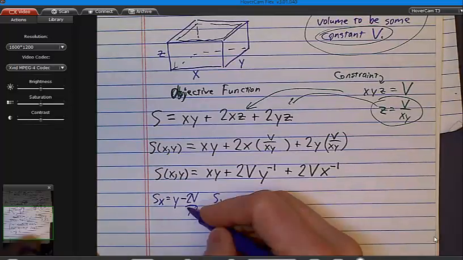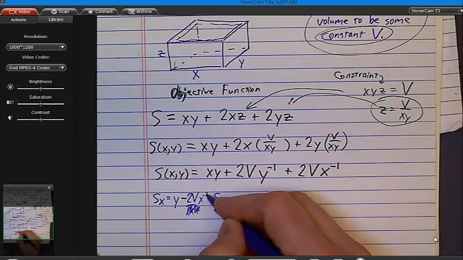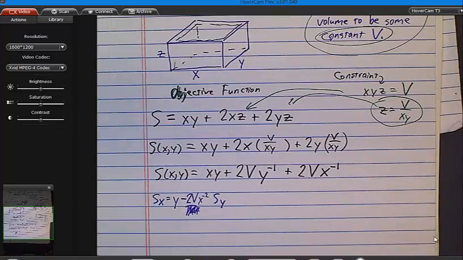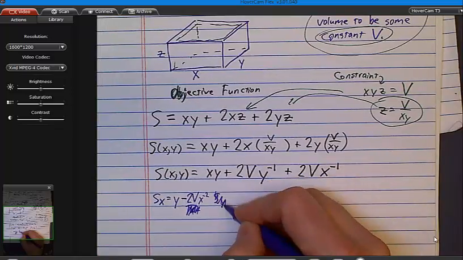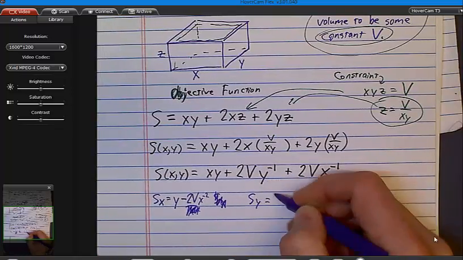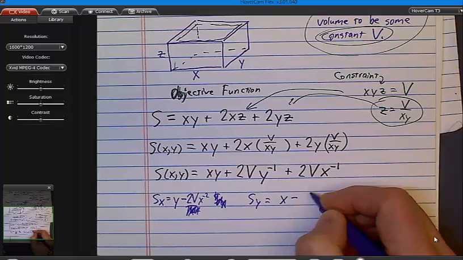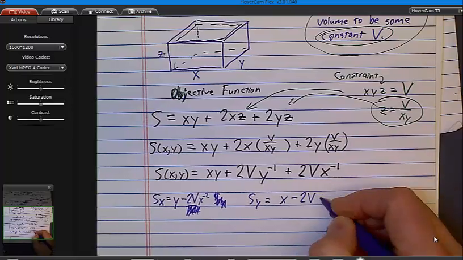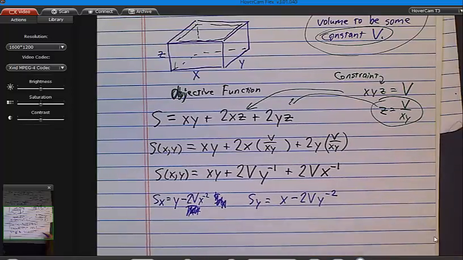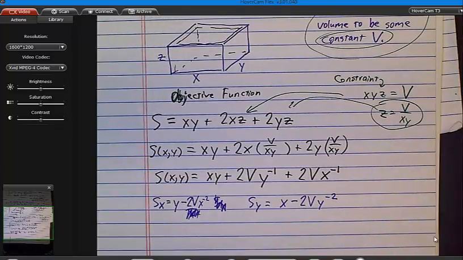Or 2vx to the negative second. Depends on how I want to write it. Okay. And so then Sy is going to be x minus 2vy to the negative second. So there are Sx and Sy. Okay?